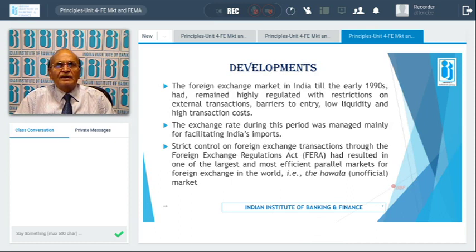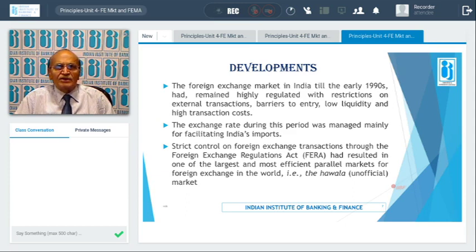The foreign exchange market in India till the early 90s had remained highly regulated. The regulations given by the regulators were strictly to be followed. The regulations pertain to restrictions on external transactions, barriers to entry, low liquidity, and high transaction costs.